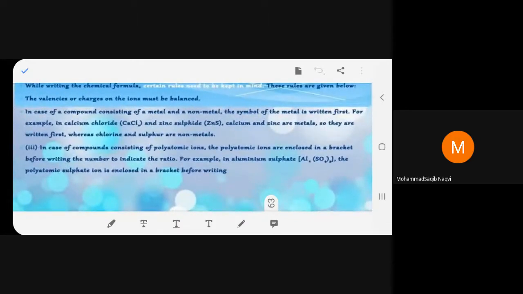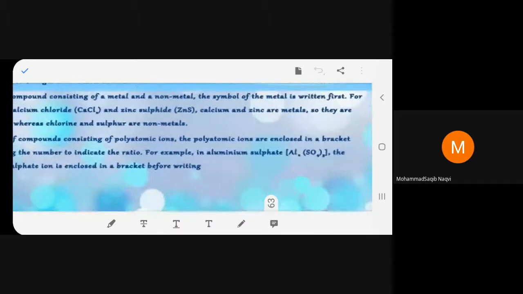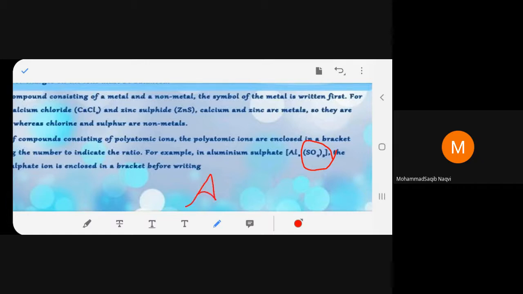The polyatomic sulfate ion is put in the bracket. Can you see this? It is put in bracket. This is how it is symbolized, because it has to show the ratio between the aluminum and sulfate. Because how it is written? It is aluminum and sulfate.